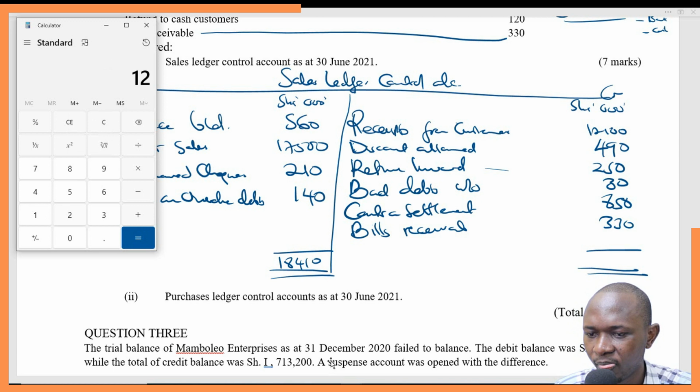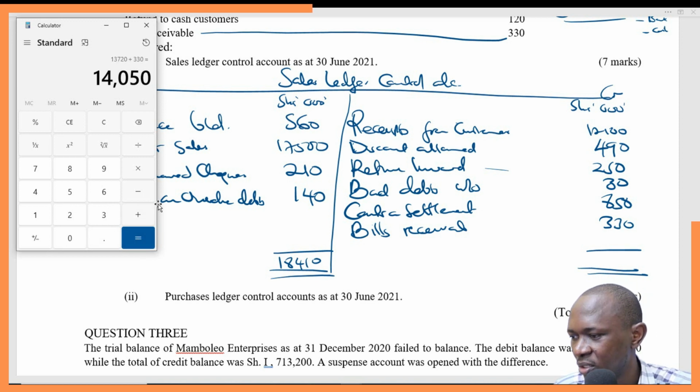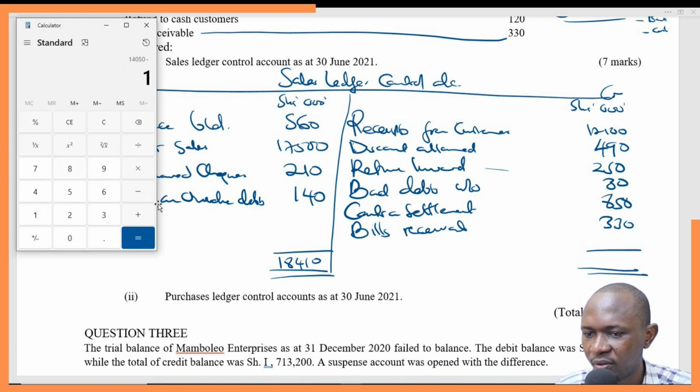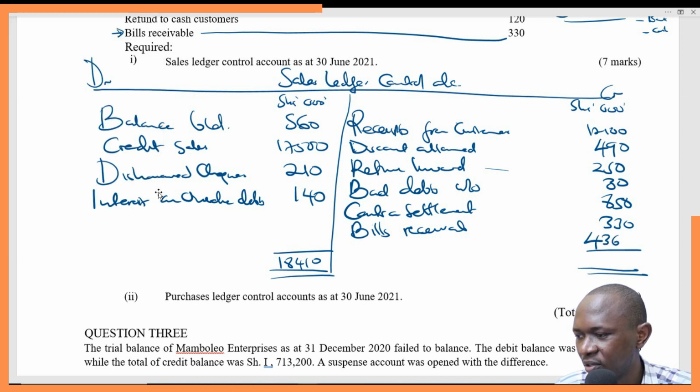So this is 12,100 plus 490 plus 250 plus 30, that is 280, plus 850 plus 330. That gives us 14,050. So it means 18,410 minus 14,050 gives us 4360. So here you have 4360 and here you have 18,410.